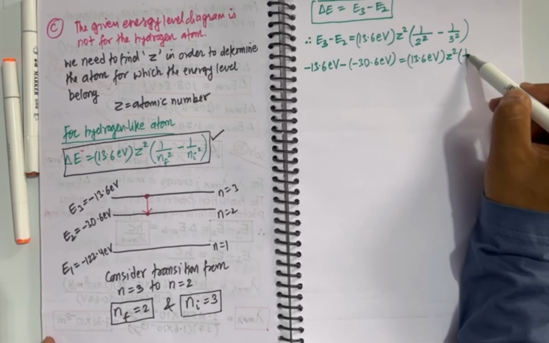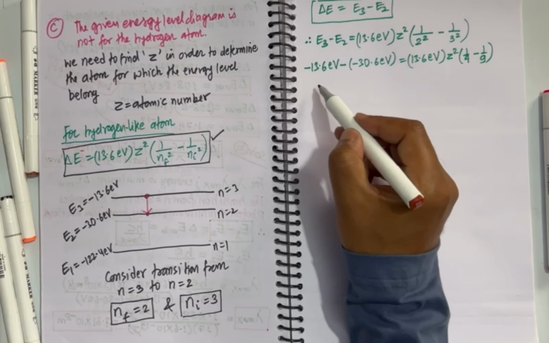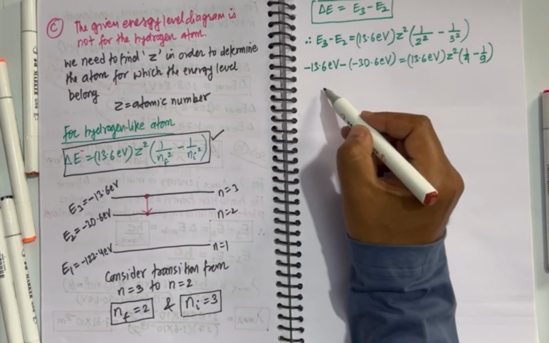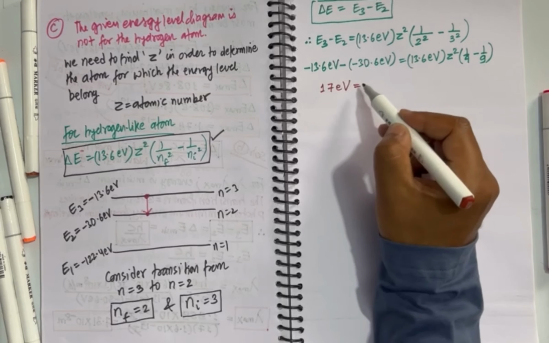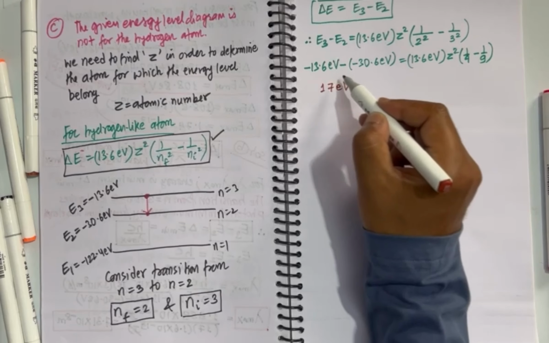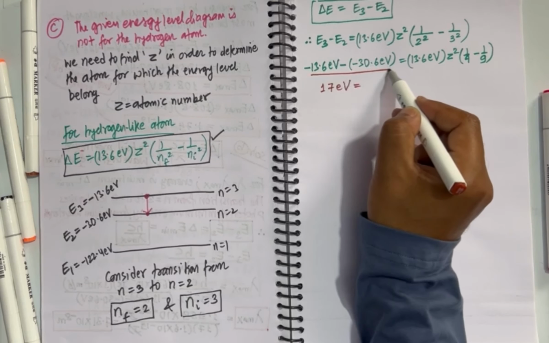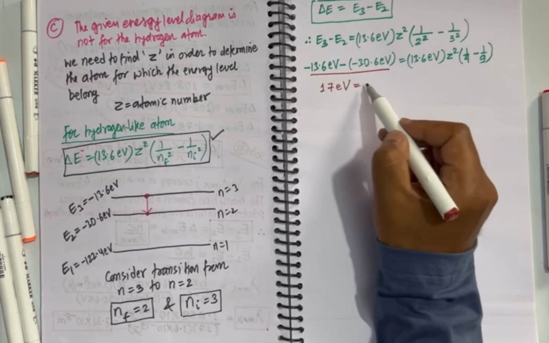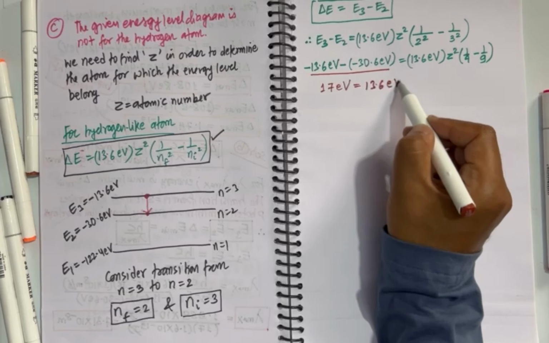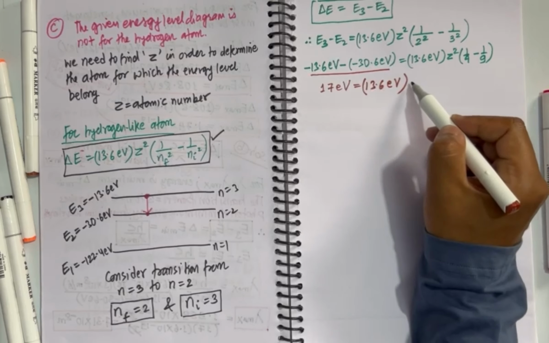Now let us find the left hand side of this relation. On simplification we get 17 electron volt, and we have 13.6 electron volt times Z square on the right hand side.